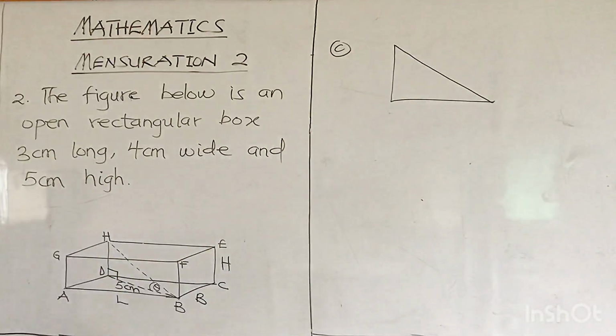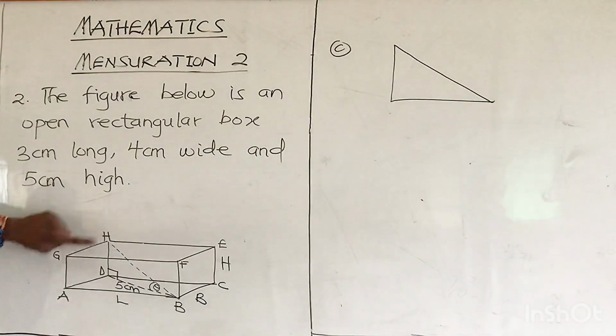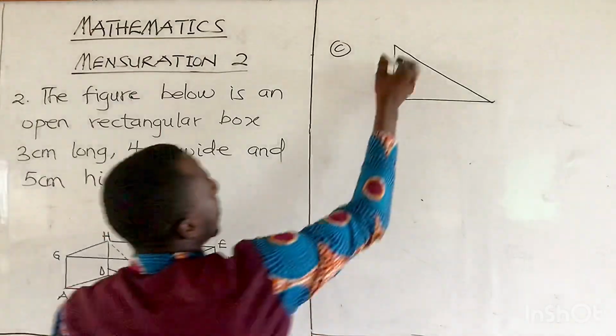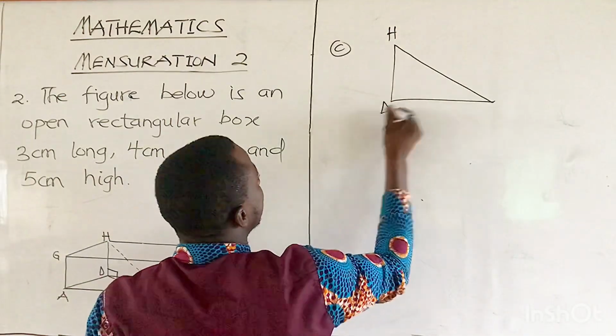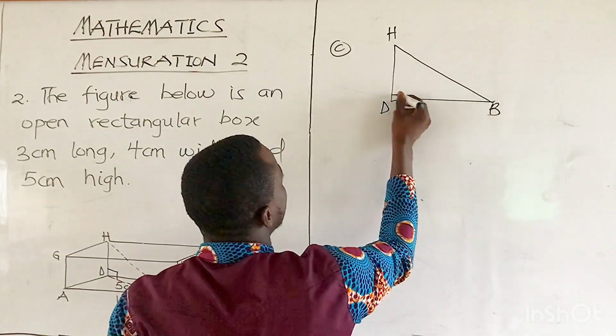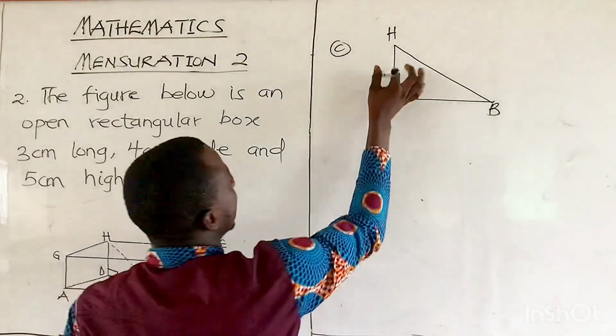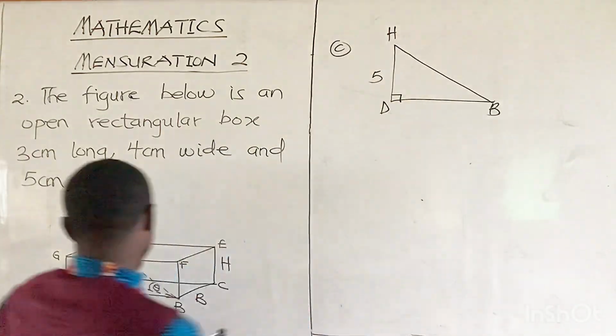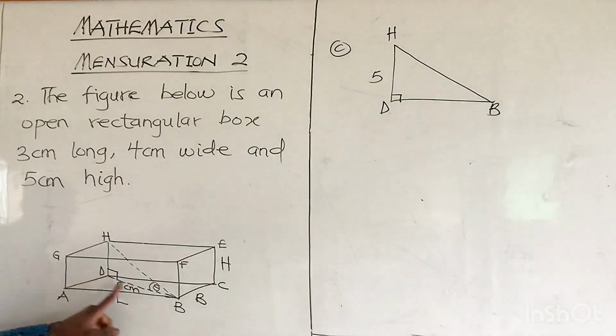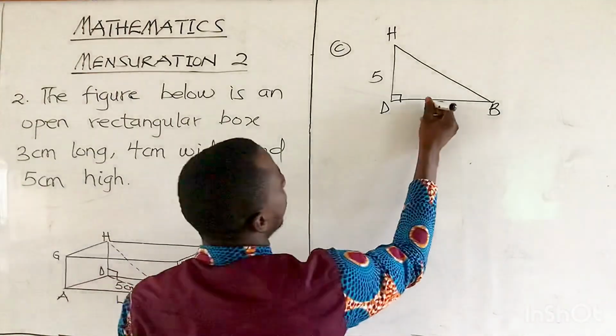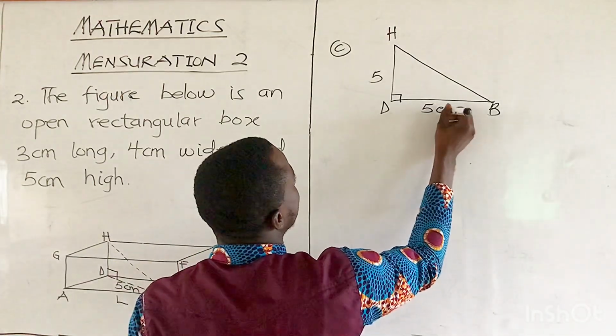So from that right angled triangle we have HDB. Now we know that HD is the height, which is 5. We have DB is also 5 centimeters.